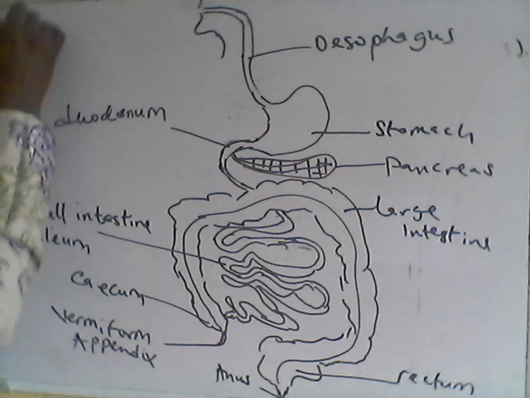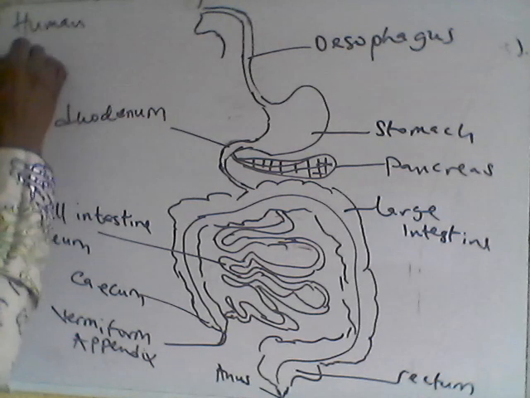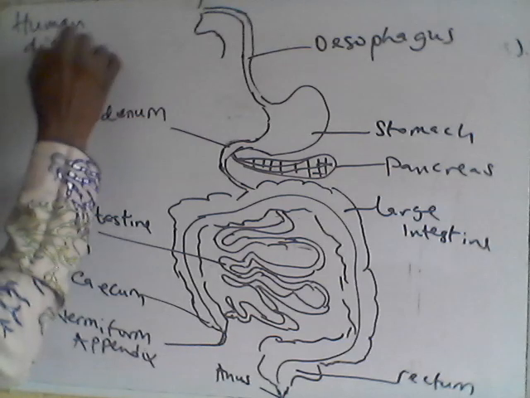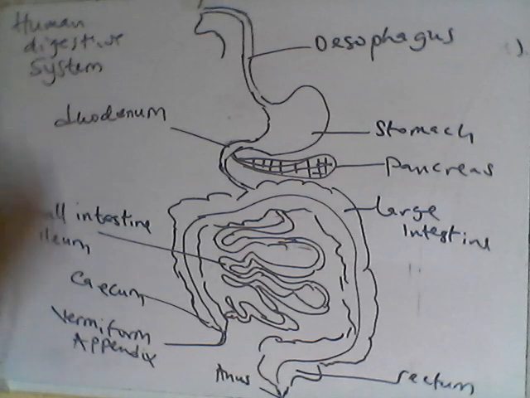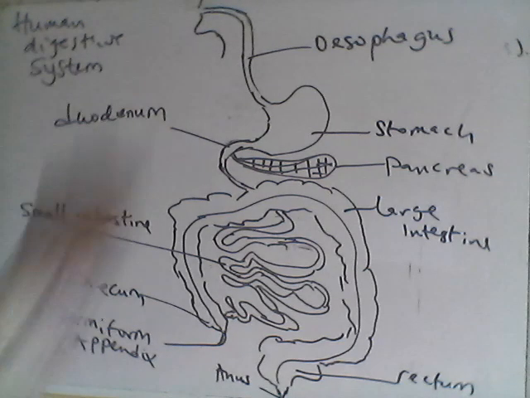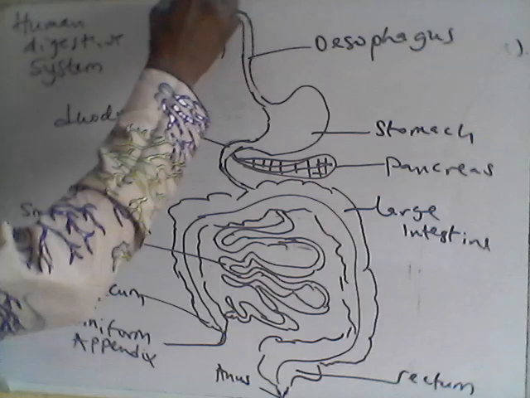Okay, just put it this way: the human digestive system. So it's a system where we can even represent all the stages of the process of nutrition, starting from ingestion to digestion to absorption, assimilation, and egestion.